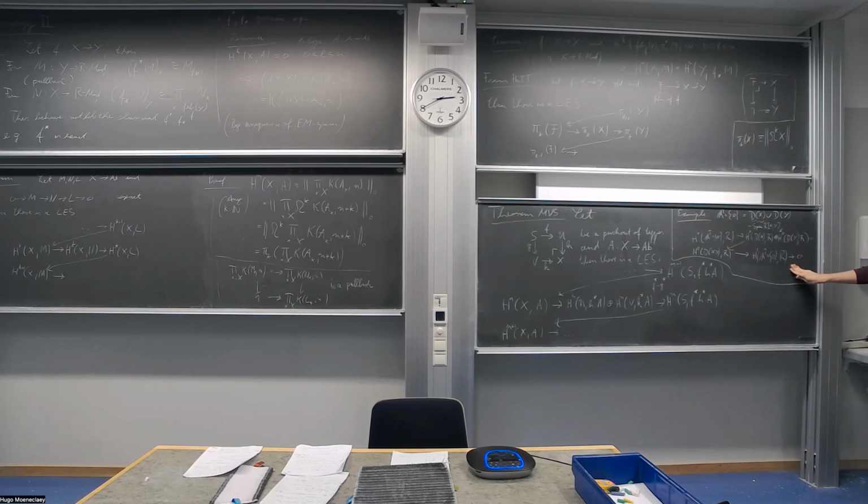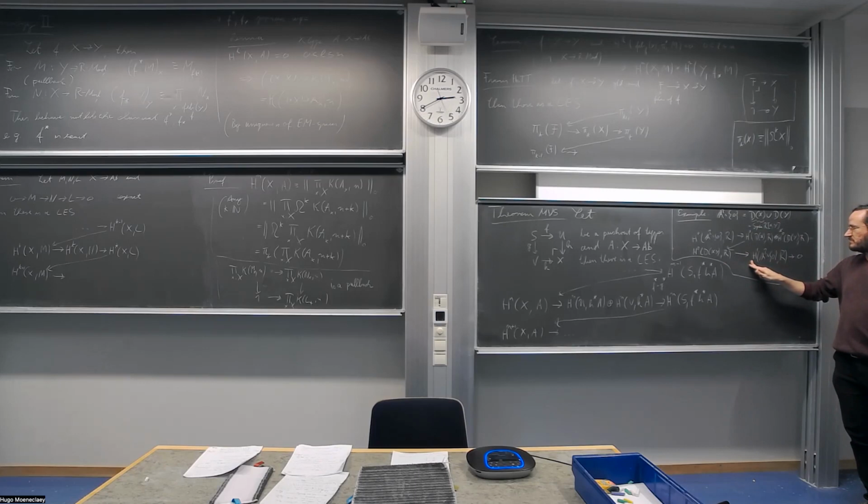And we know the sequence is exact. So we know this map is surjective. Here the kernel is everything, so the image has to be everything. Now we could compute. Does it actually work?